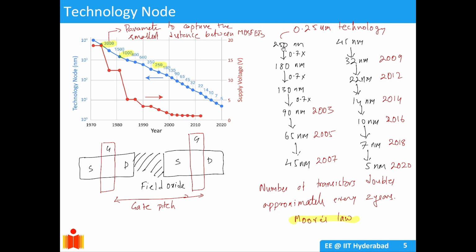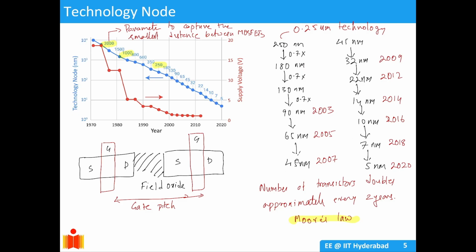It started at 250 nanometers, then at a reduction rate of 30%, that is 0.7x, it went to 180, then 130, then 90, then 65, then 45 nanometers in 2000. And from that 32, 22, 14, 10, 7, and then 5 nanometers in 2020.